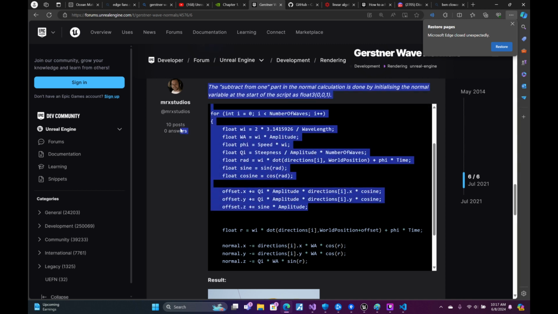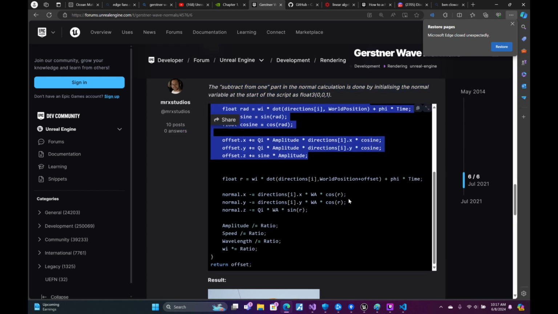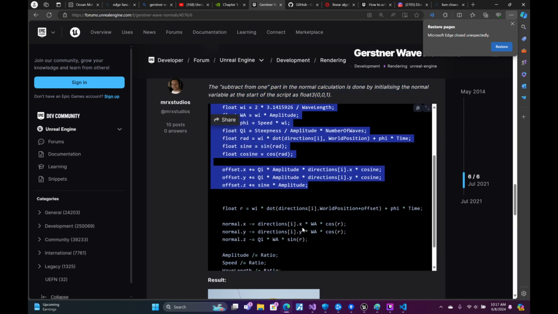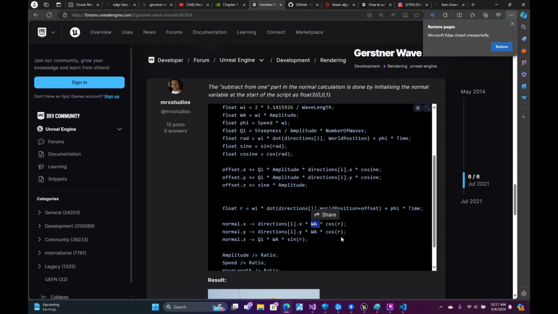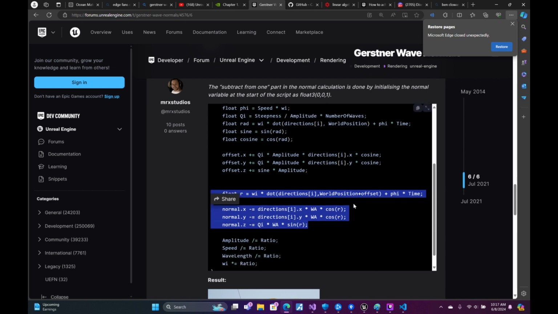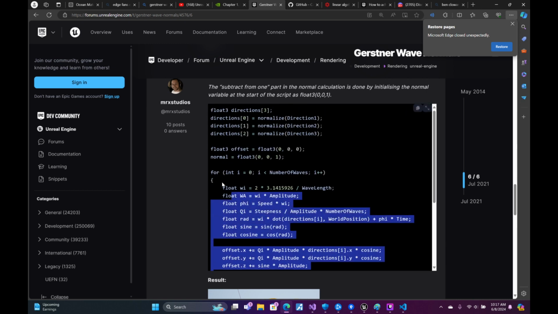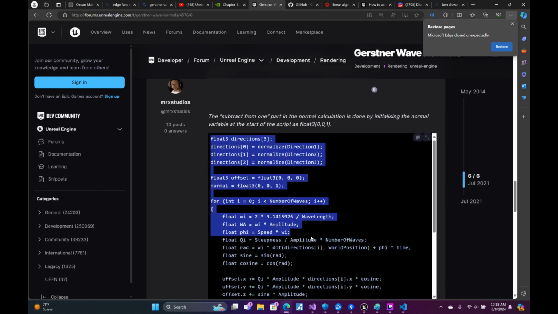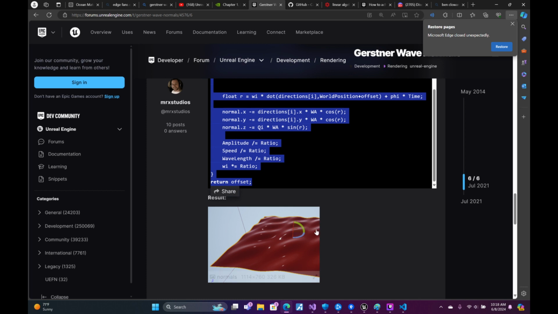Okay, this is the actual Gerstner calculation. Directions I dot x times WA times cosine of R. It's this part. Okay, let's give this to the coworker.